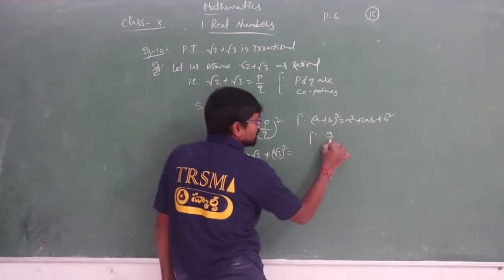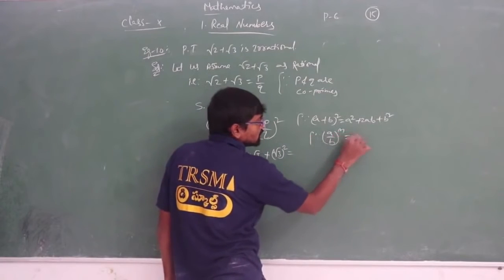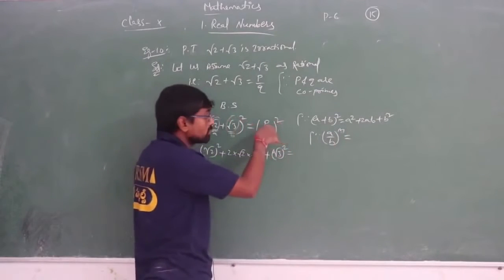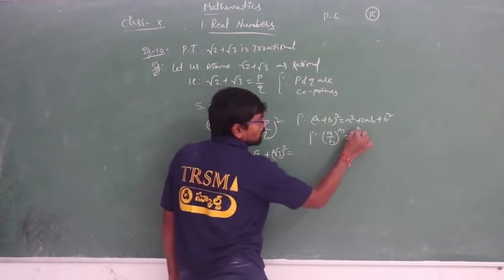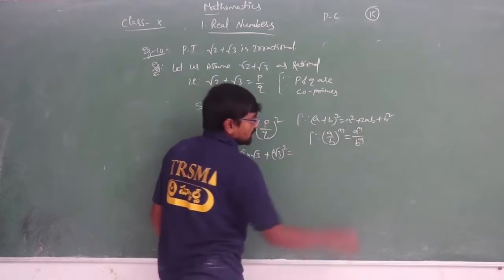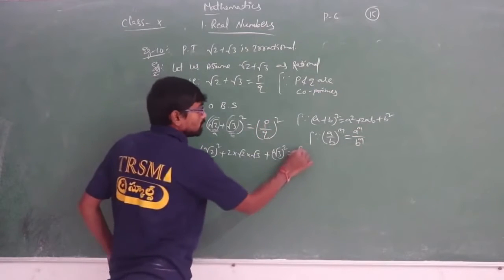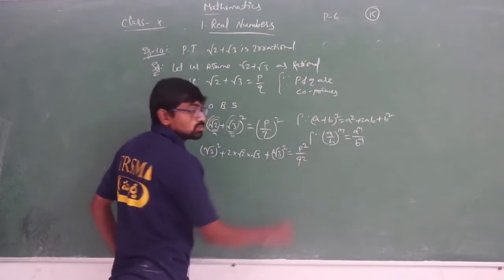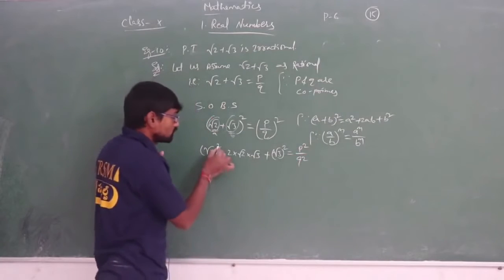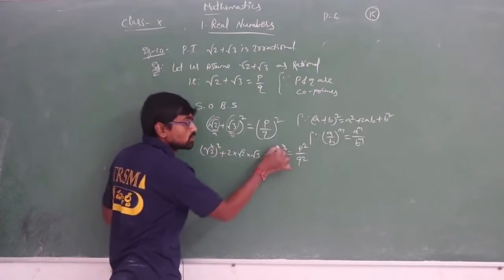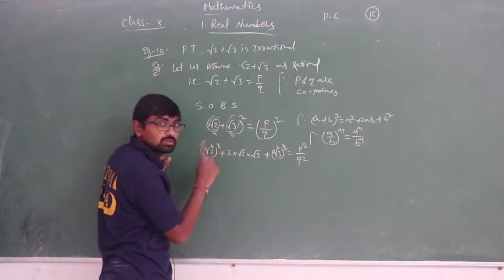Since a by b whole power m is equal to a power m by b power m, isn't it? So here we will get p square by q square. Now square and root get cancelled, isn't it?